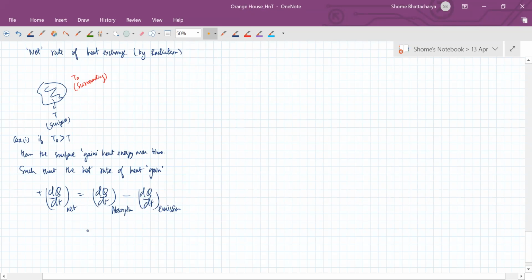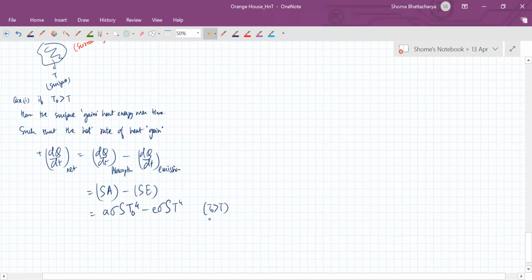Okay. So that will be equal to surface area multiplied by absorptive power minus surface area multiplied by emissive power. So that is E sigma into surface area into temperature of the surrounding to the power 4 minus emissivity into sigma into the same surface area but multiplied by temperature of the surface to the power 4, where we understand that T naught is greater than T right now.